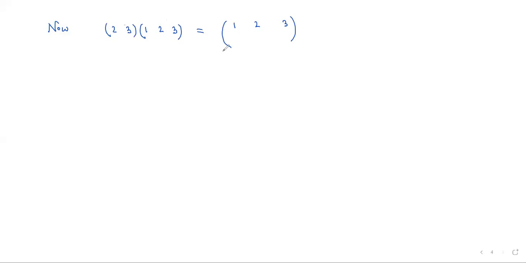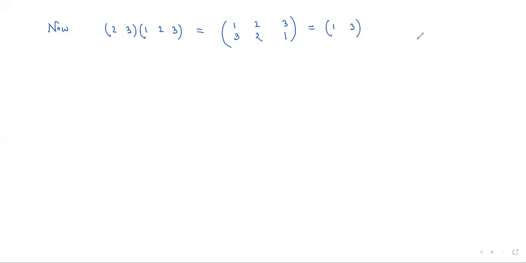So we get 1 goes to 3. 2 goes to 3 and 3 goes to 2. So we get 2 goes to 2. 3 goes to 1 and 1 goes to 1. So we get 3 goes to 1. And this can be written as only (1 3).